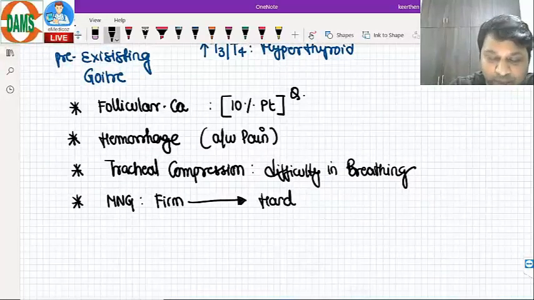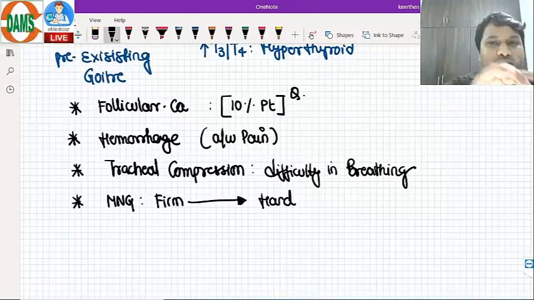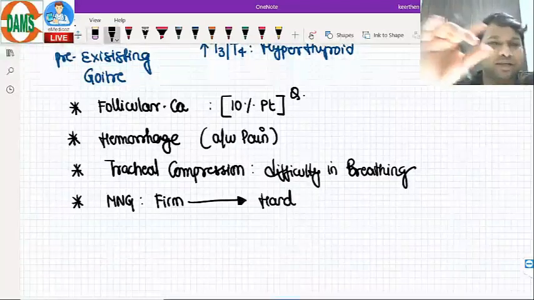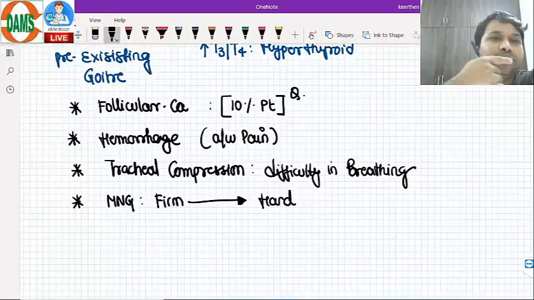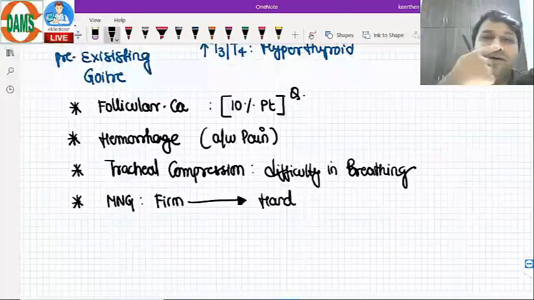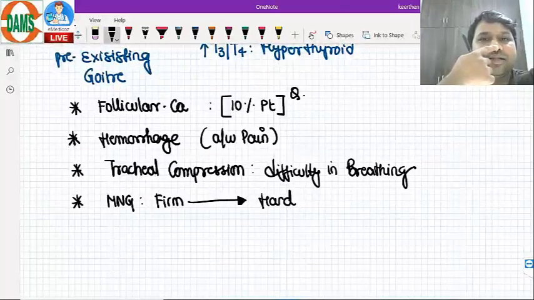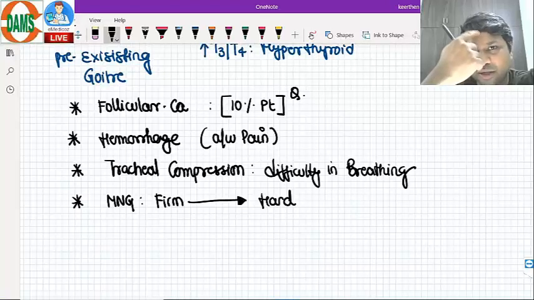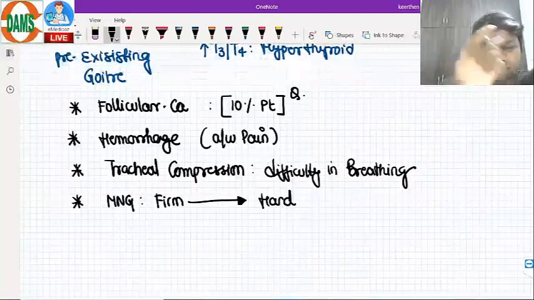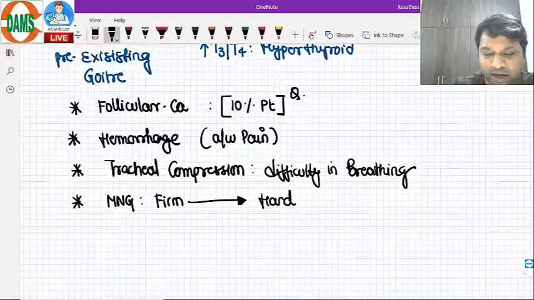For reference, soft, firm and hard are the three consistencies that we usually address for swellings. Soft, you can press against your lips; this is the consistency of a soft swelling. Firm is the tip of your nose, the cartilaginous part. This is how firm will feel. And hard, you can press across your forehead and you'll feel the same consistency as hard texture.